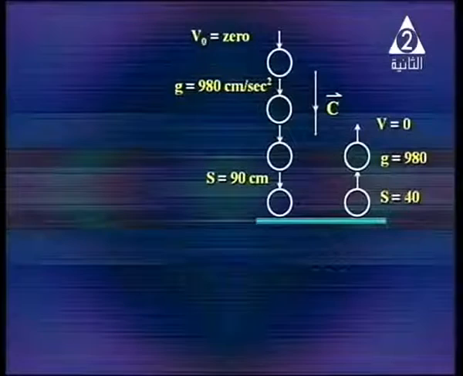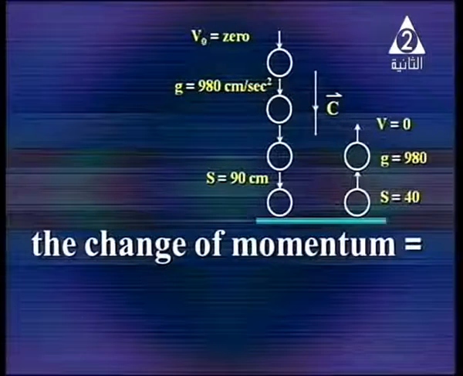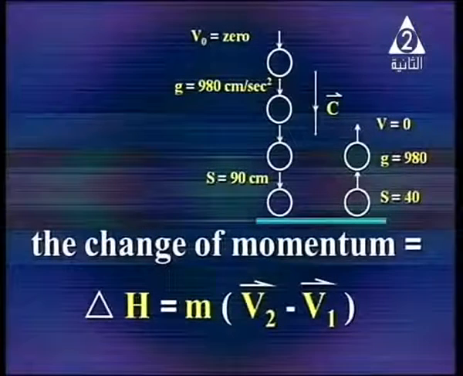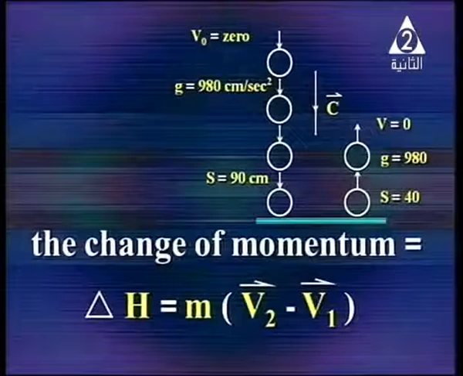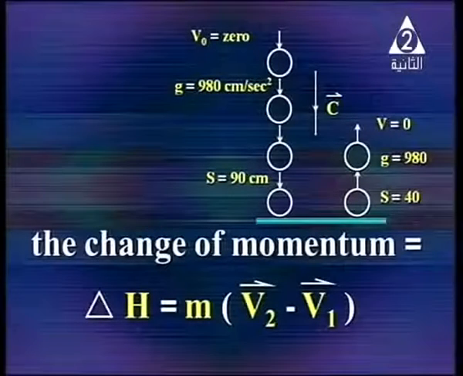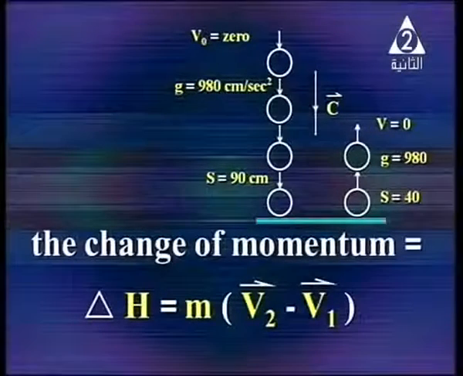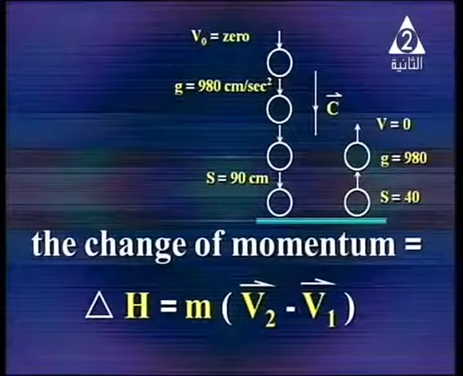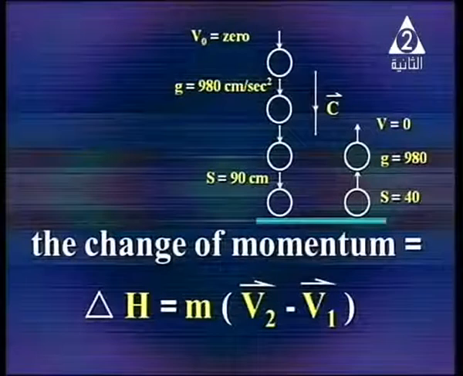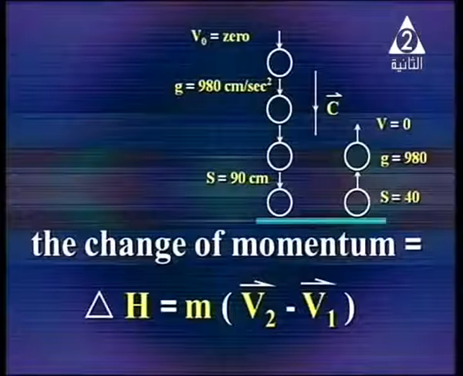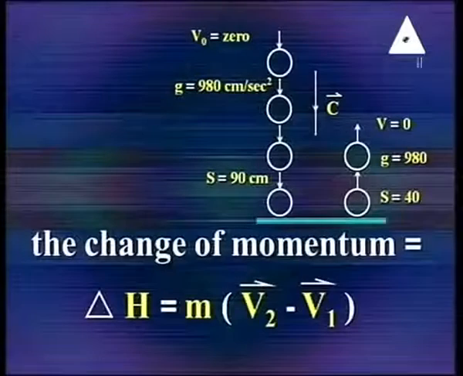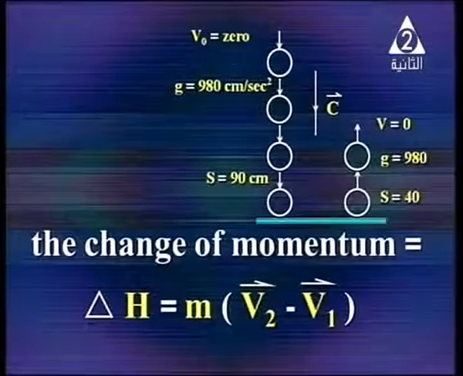Dear student, remember change of momentum. What is the change of momentum? Change of momentum equals delta H equals m times the bracket containing the change of velocity, V2 minus V1. By substitution of V2 minus V1 and the mass: remember, the mass of the rubber ball is 200 gram. We convert 200 gram by dividing by 1000 to kilogram.